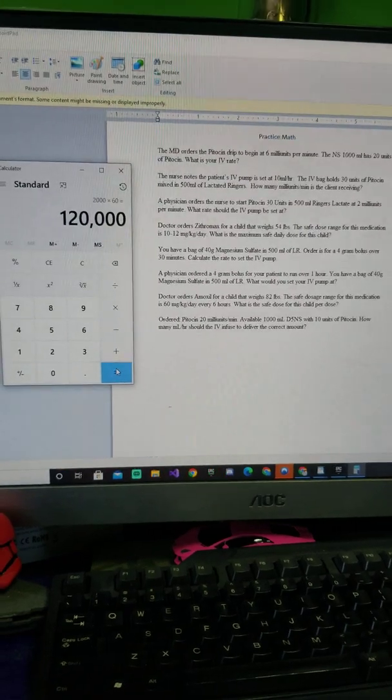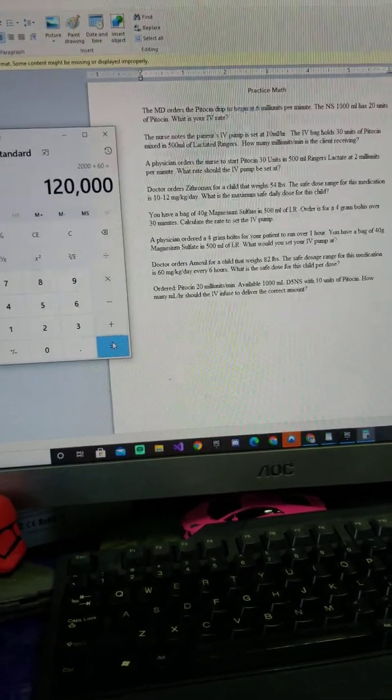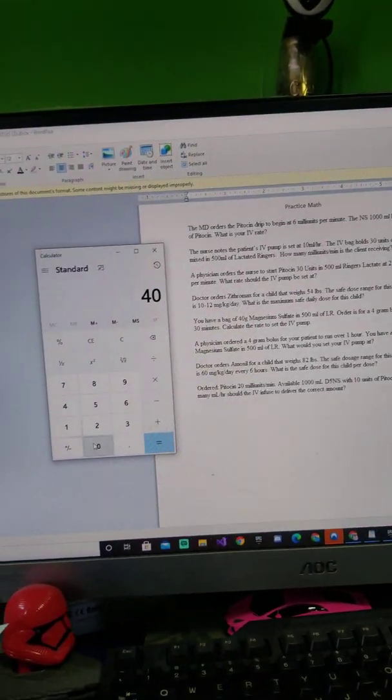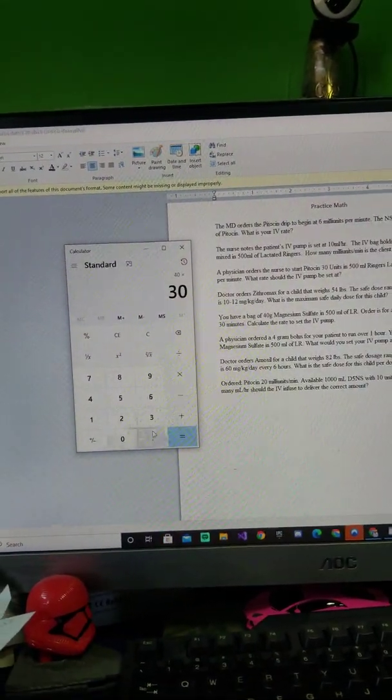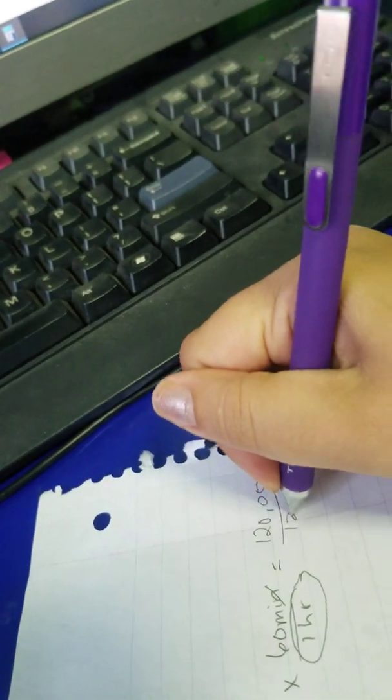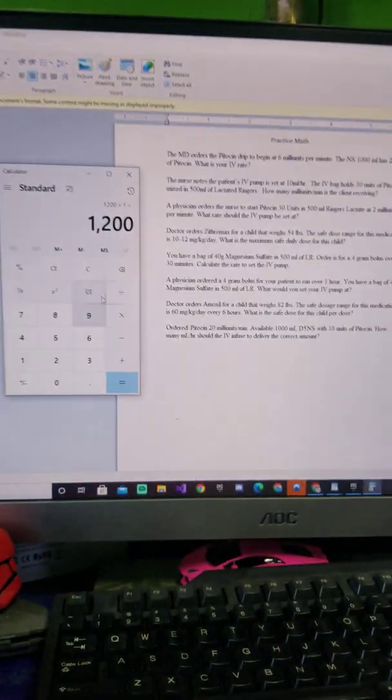Which is going to give me 120,000. We'll write that down here. Then we're going to take the bottom row and do 40 times 30 times 1, which is going to equal 1,200. Then you divide it all.